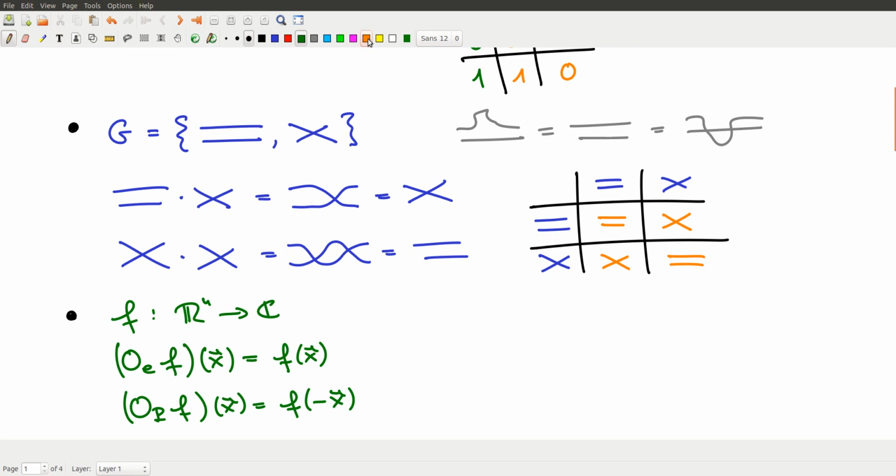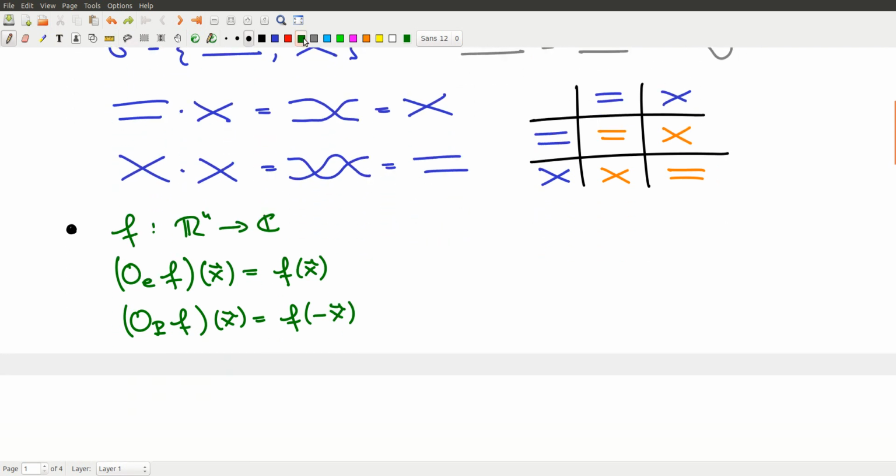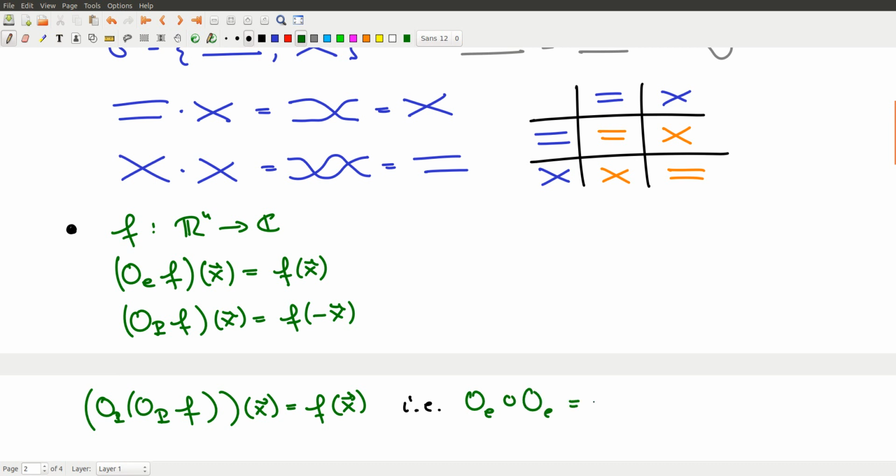And now we see if we apply this O_P thing twice, we get two minus signs, so we come back to f of x. So O_P acting on f, and then O_P acting on the result, the whole thing evaluated at x, is f of x, which means that O_E after O_E, O_P after O_P is just O_E.